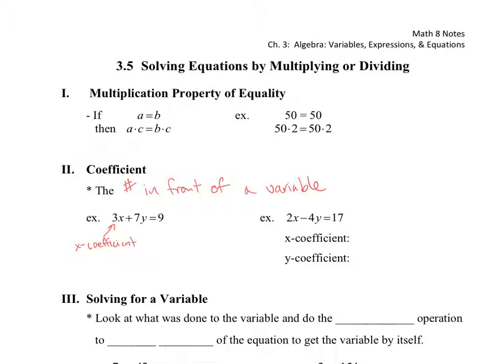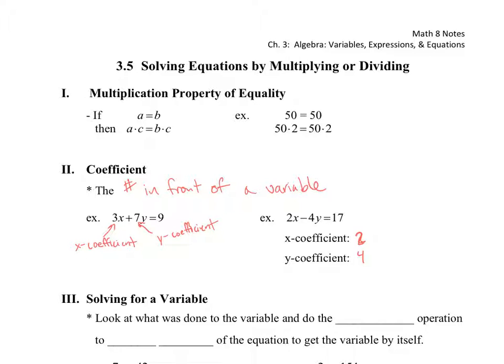The 3 that's in front of the x is the coefficient to x. The 7 here is the y coefficient. So on the next example, what is the coefficient to x? It's 2. What is the coefficient to y? 4. So the number directly in front of the variable.